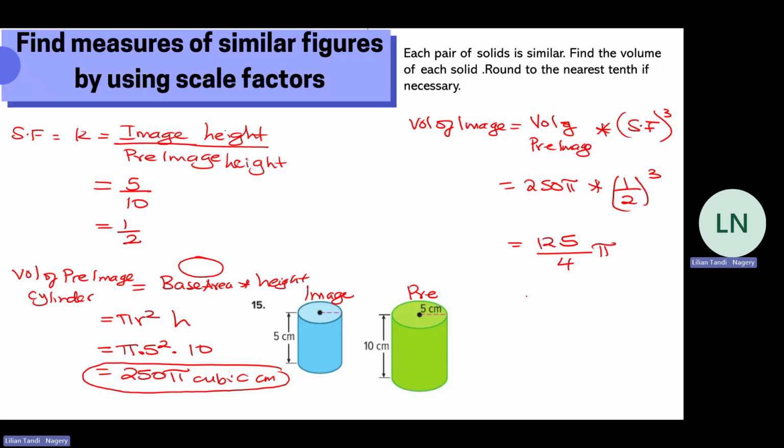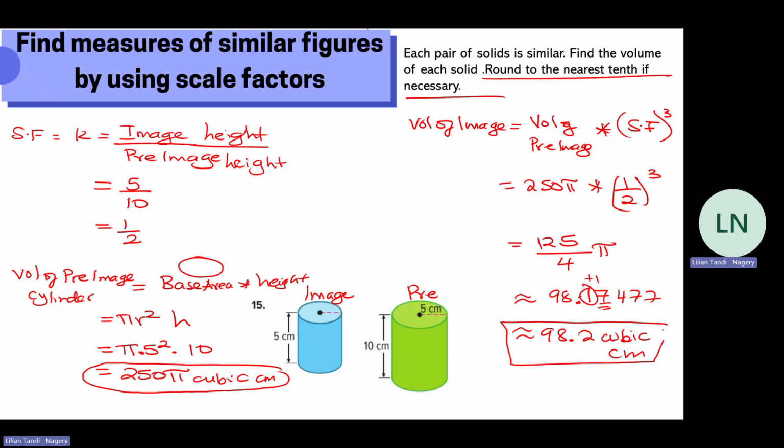And then, because we've been told to round, we need to change this to decimal. This should be 98.1747. Circle 1, underline 7, add 1. So this will be 98.2 cubic centimeter. And you box your answer. And we are done.